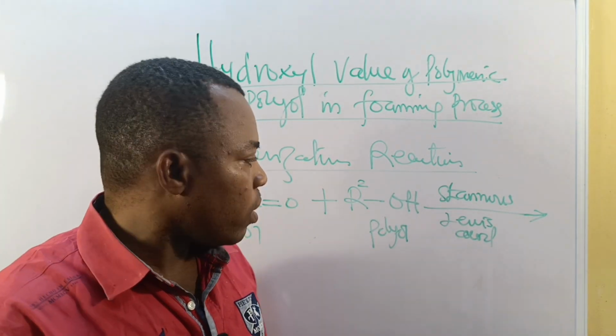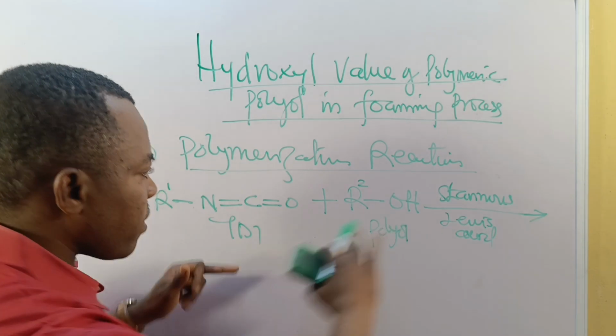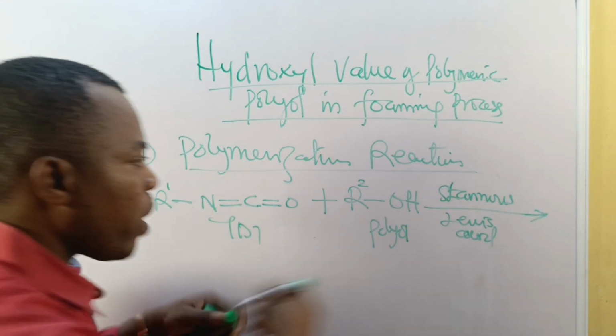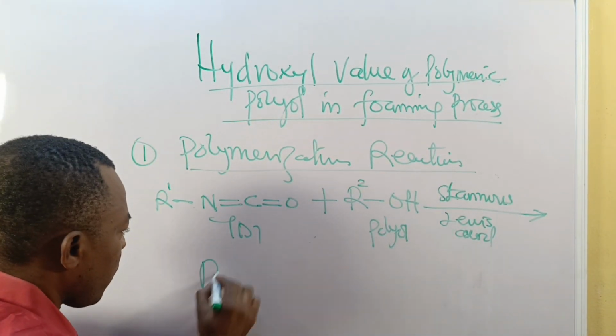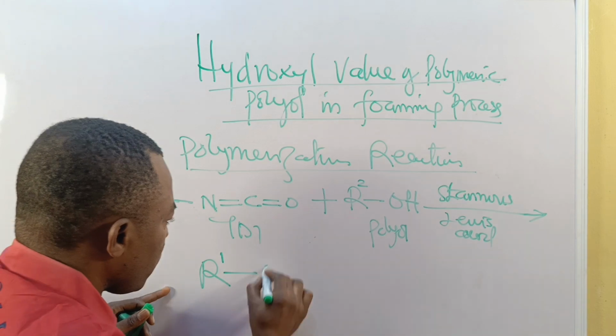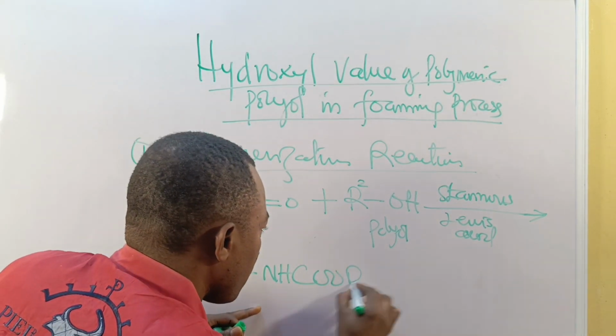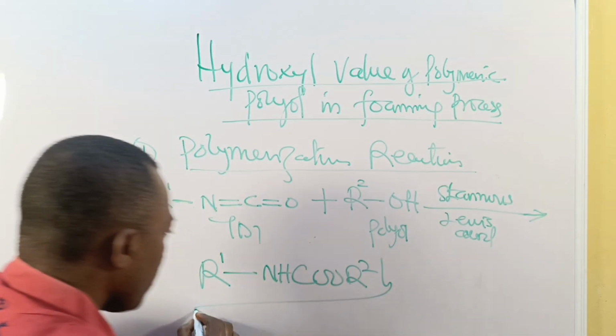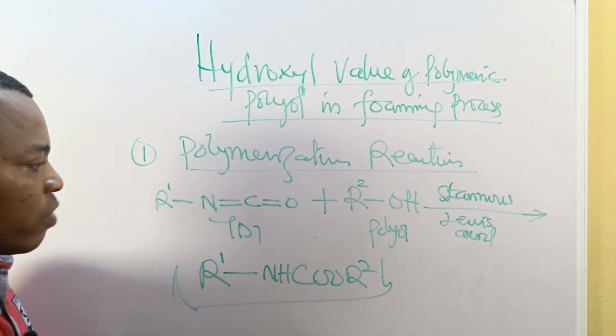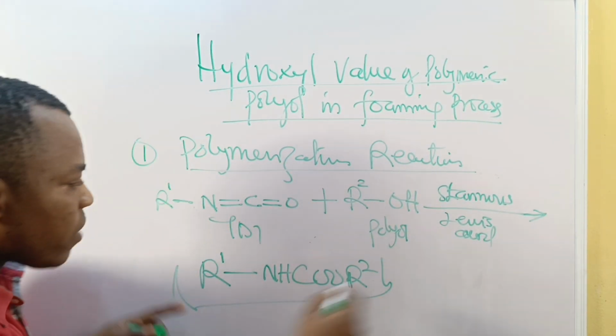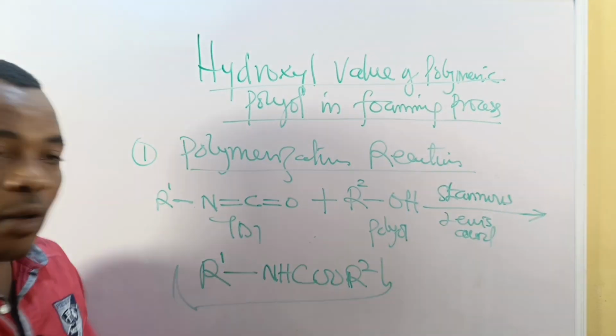You know, Lewis acids accept a pair of electrons from another molecule, and by so doing form a covalent bond. So when this cross-links in this reaction, we have a urethane with R1 and R2. This is a urethane that is going to form.